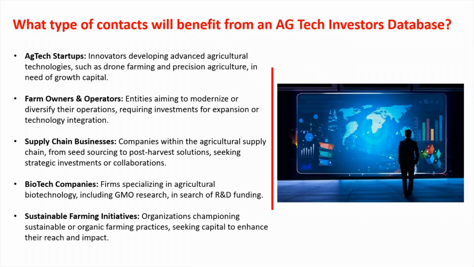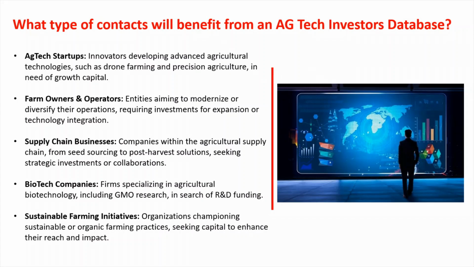So what type of contacts will benefit from an ag tech investors database? Well, this will help ag tech startups, innovators developing advanced agriculture technology such as drone farming or precision agriculture in need of growth capital. Farm owners and operators, entities aiming to modernize or diversify their operations, requiring investments for expansion or technology integration.